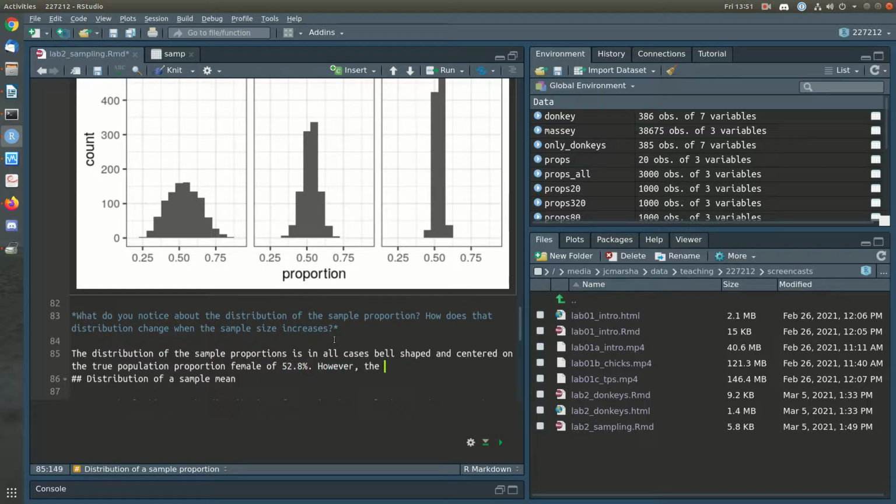However, the proportion varies between samples due to random sample-to-sample variation. The amount it varies depends on the sample size.